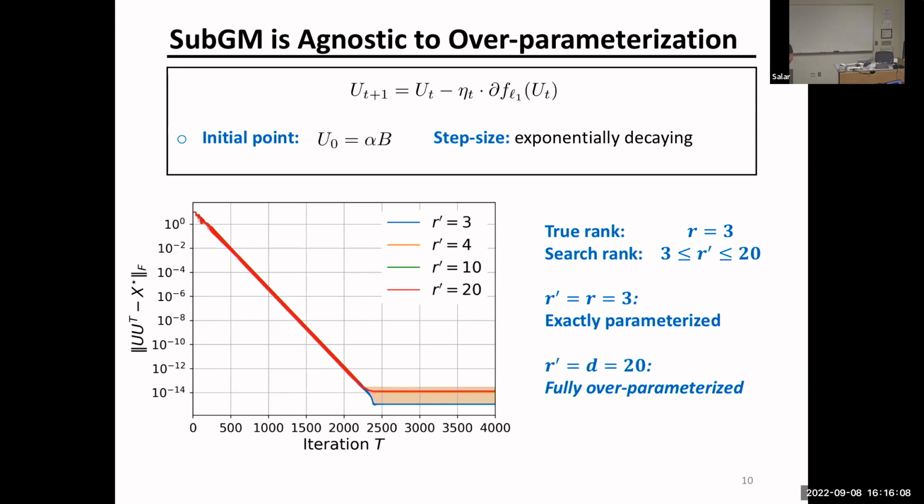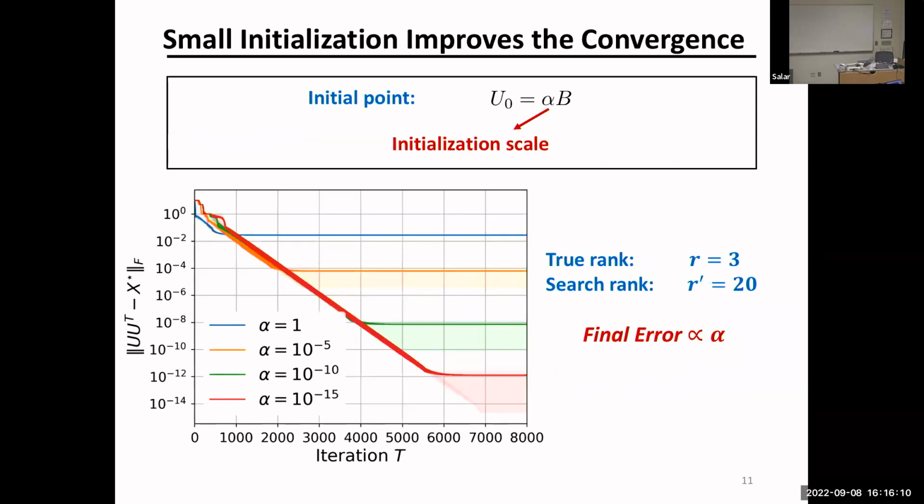Let's see the behavior of the subgradient method with respect to the initialization scale. Again, remember this alpha is the initialization scale, which is the norm of our initial point U0. We consider the same instance, where the true rank is 3, and the fully overparameterized case where R prime is equal to 20.